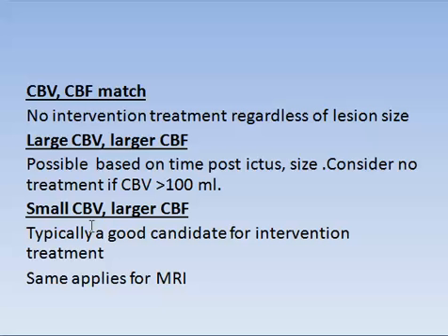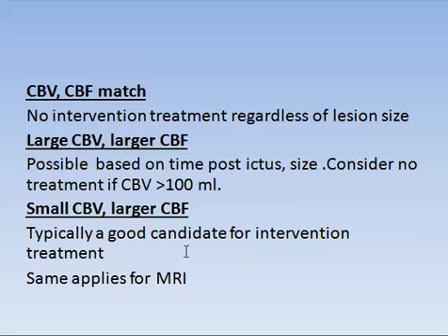Now, the last possibility is a small blood volume with large flow, cerebral blood flow insult. This is the ideal candidate because it corresponds with less than 30% of the size of the territory of the middle cerebral. Less than 30%.